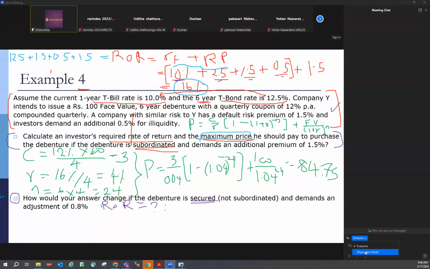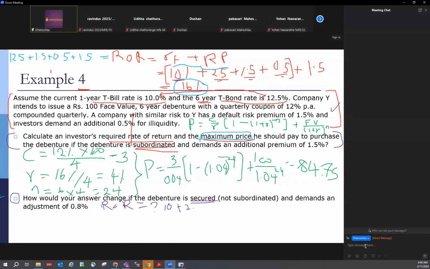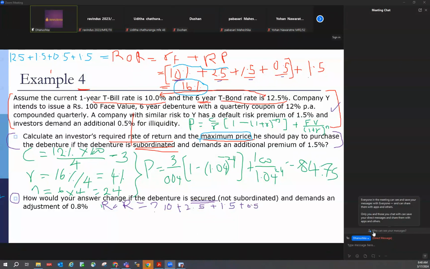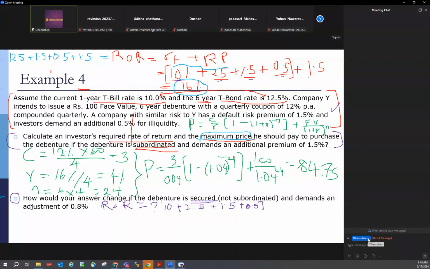So this is the base that we start with: 10 plus 2.5 plus 1.5 plus 0.1. Start with that. Like I told you before, this is for an unsecured debenture.